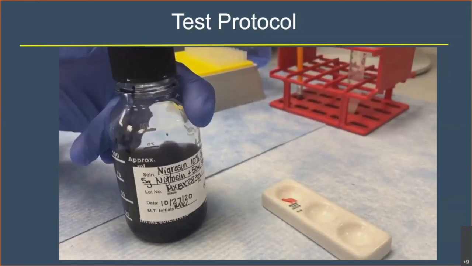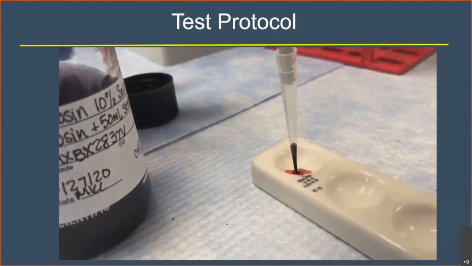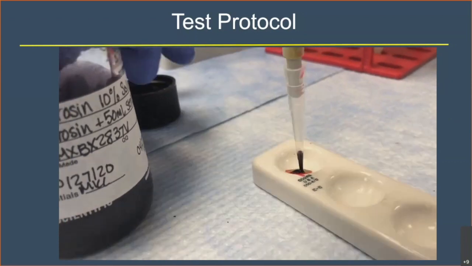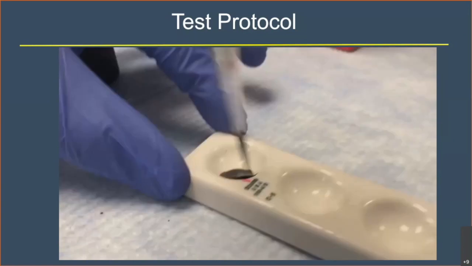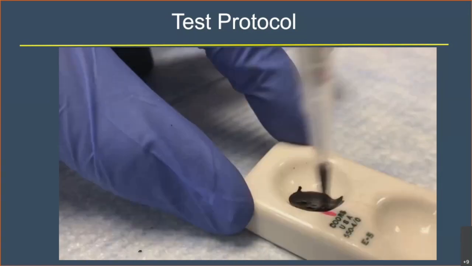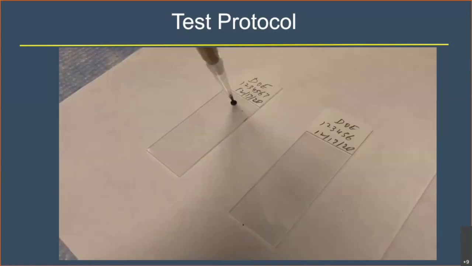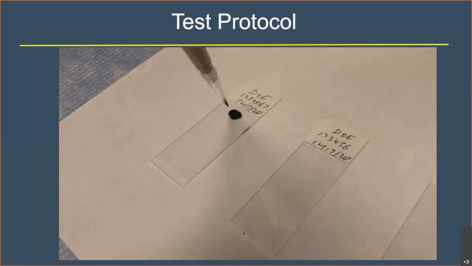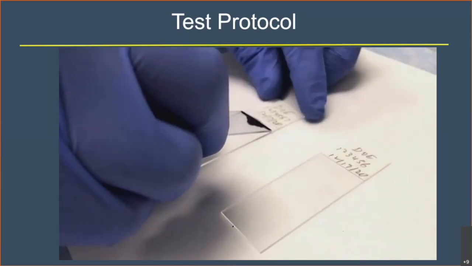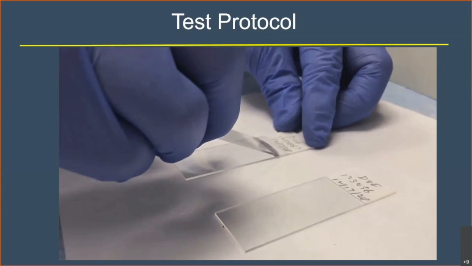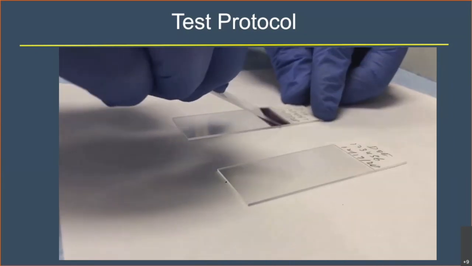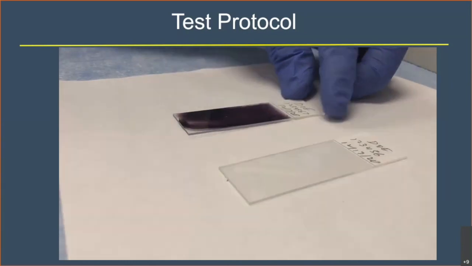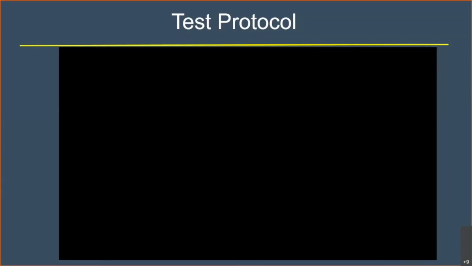And nigrosin is a very dark stain, so we have to be extremely careful that the stain is placed right in the sample and not anywhere else. The sample is mixed thoroughly, and then we take 10 microliters of the sample and place it on a clean glass slide, and we prepare a thin, uniform, feather-like smear. The slides are allowed to air dry, and they're ready to be examined. Next slide, please.